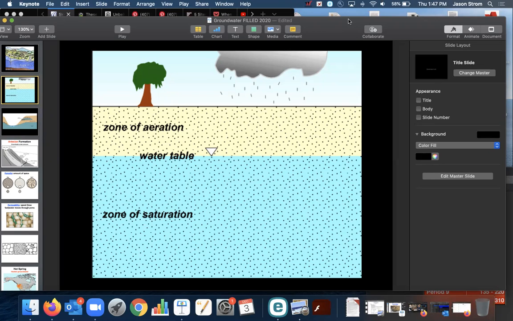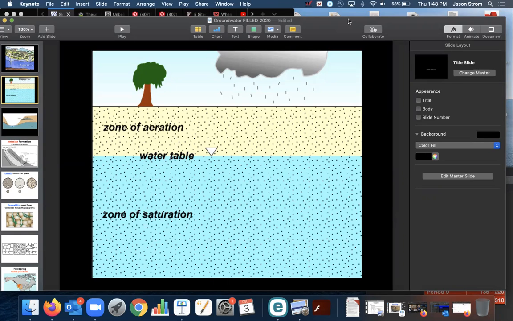What happens sometimes in areas that haven't had a lot of rainfall and have had droughts and things like that is, if this is the water table and this is the well that used to be below the water table, well, now the water table has dropped. So now the well is in the zone of aeration.